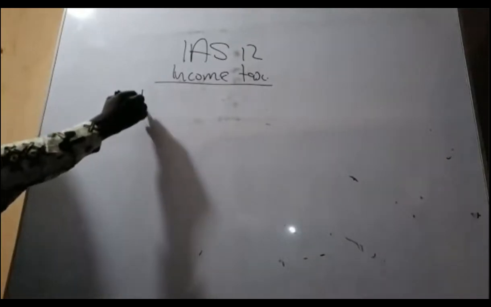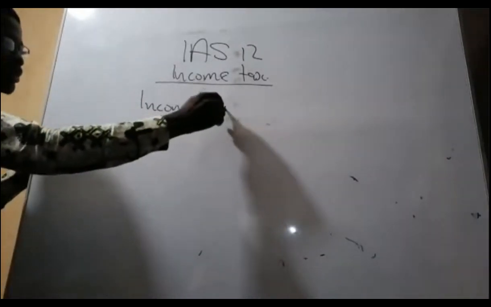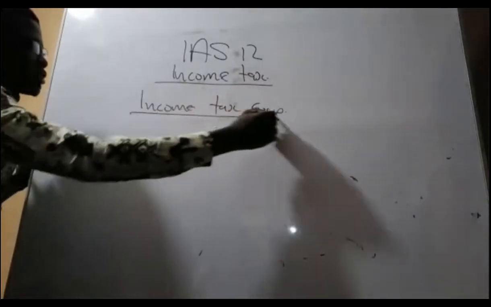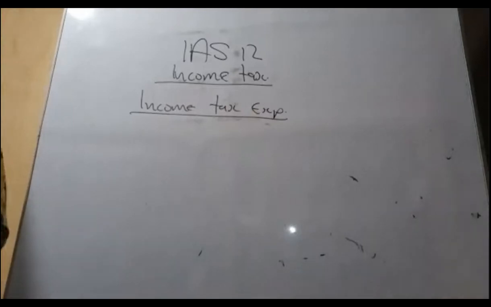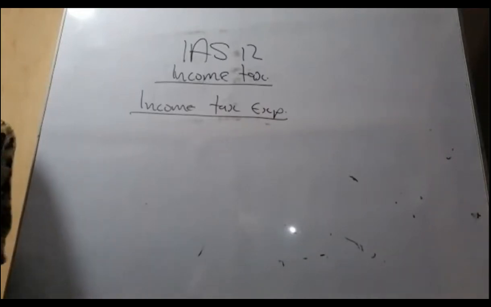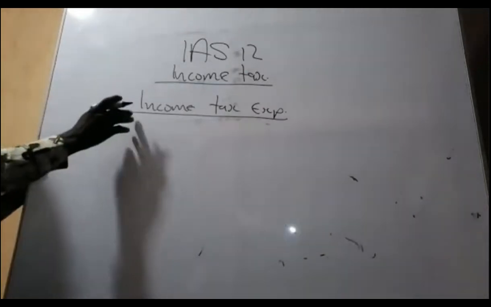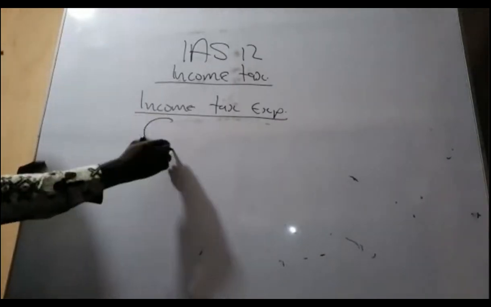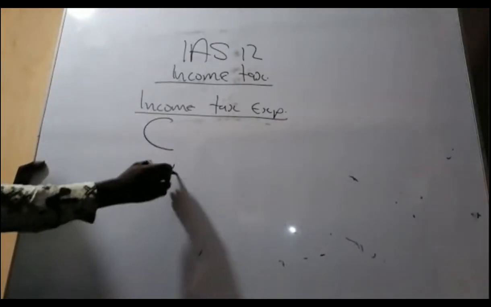The income tax expense that you see in the company's financial statement, how do we arrive at such a figure, or how do we recognize it in the financial statement? In summary, we said that the income tax expense you see in the financial statement is made up of three items. CUD.